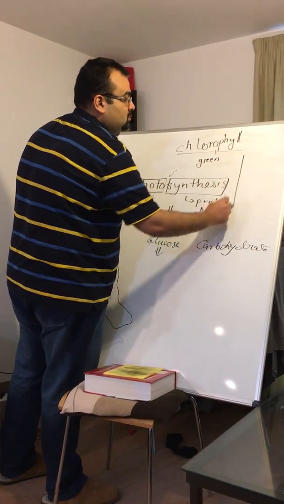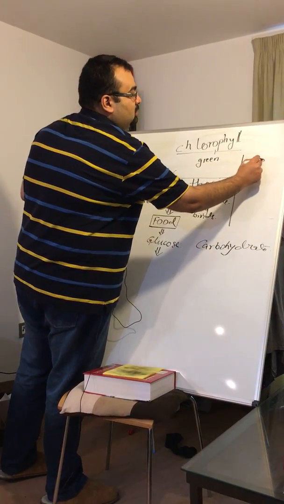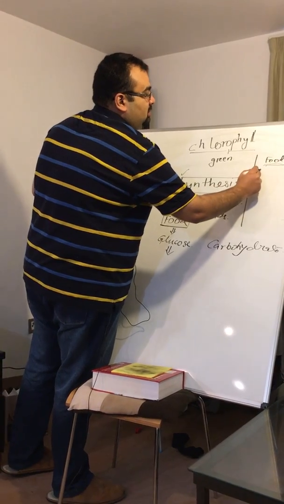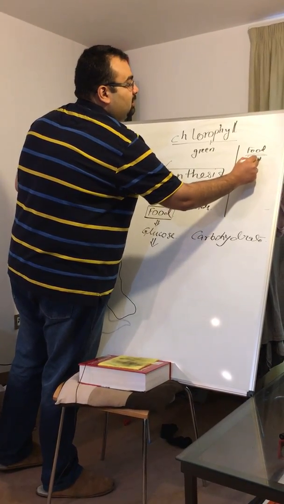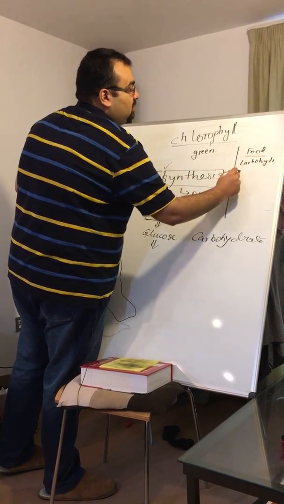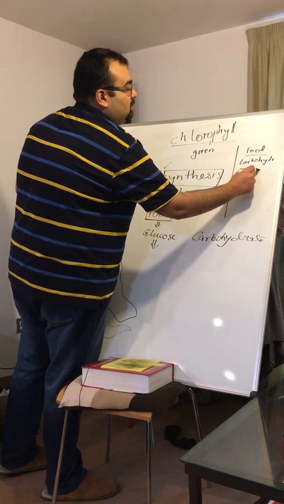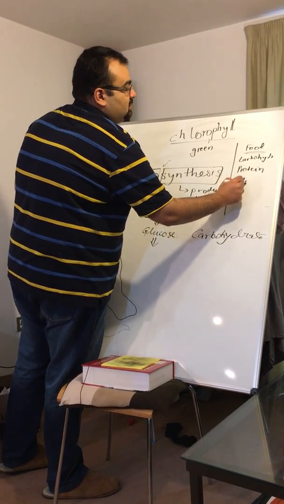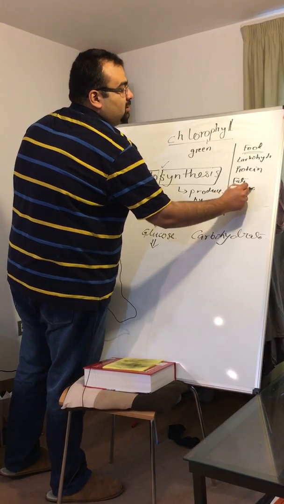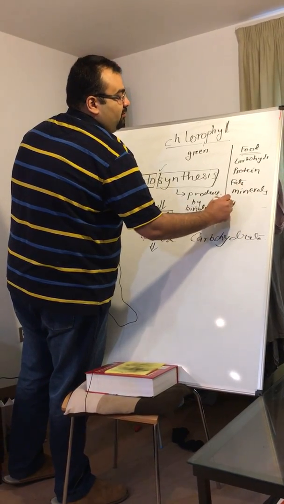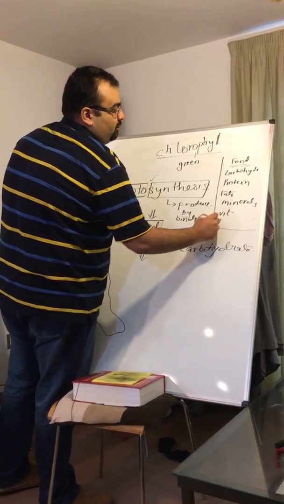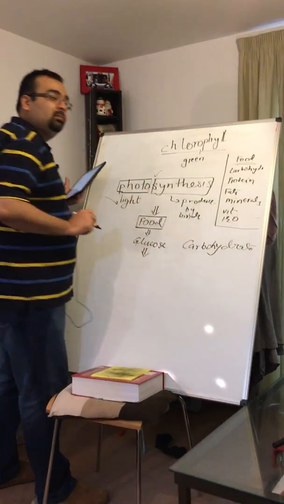Now, our food, as you are aware, is made up of carbohydrate like the bread and stuff. It's made up of protein, fats, minerals, vitamins, and of course, water.